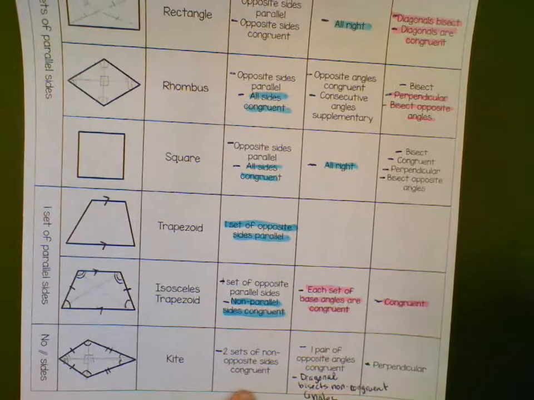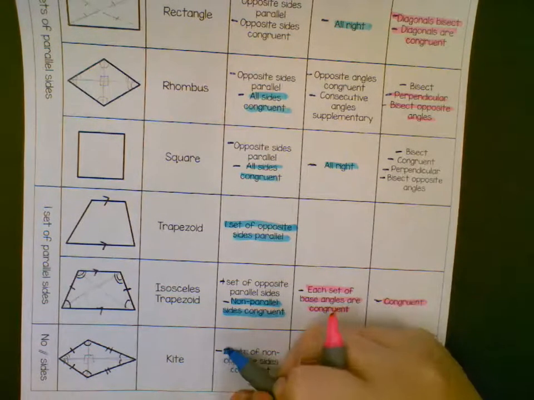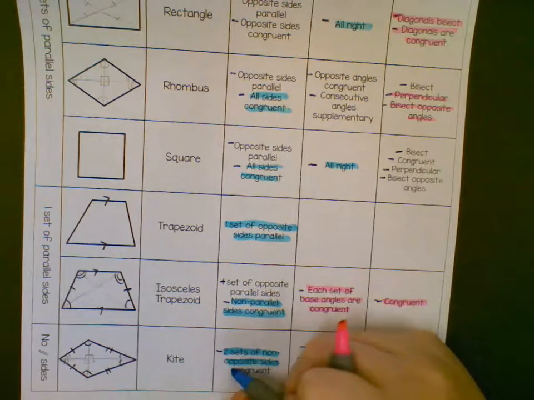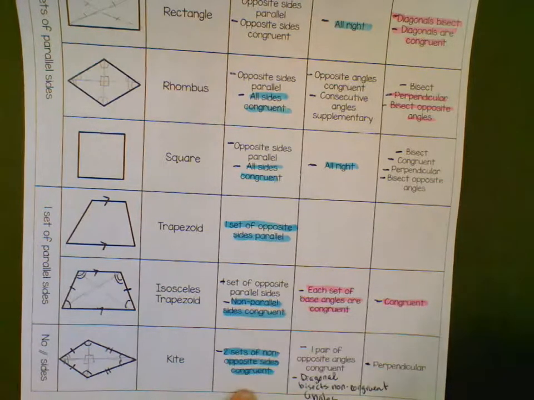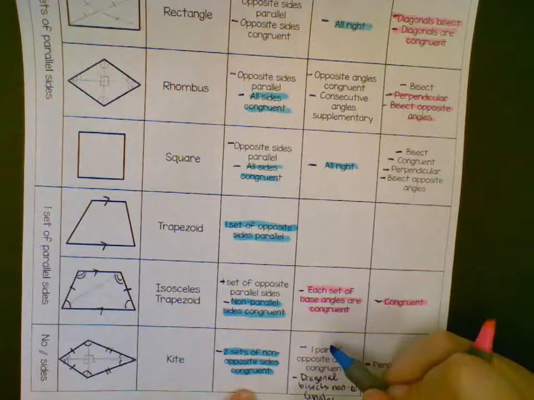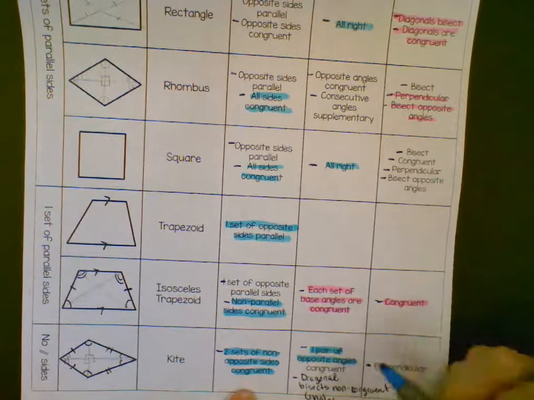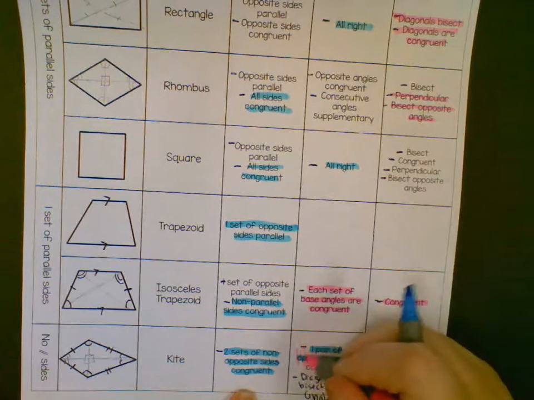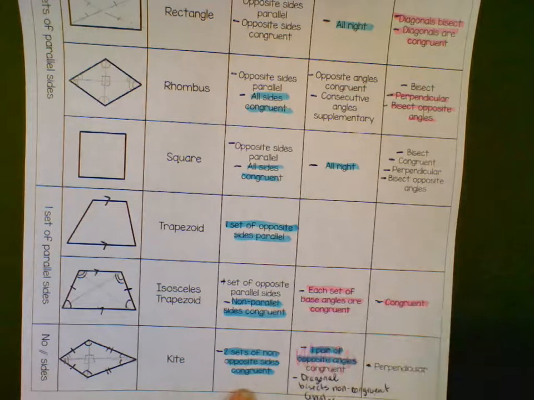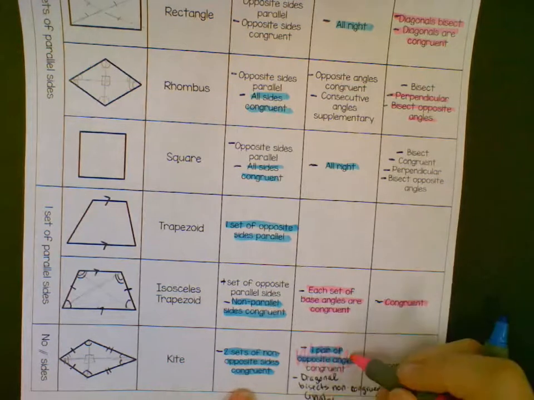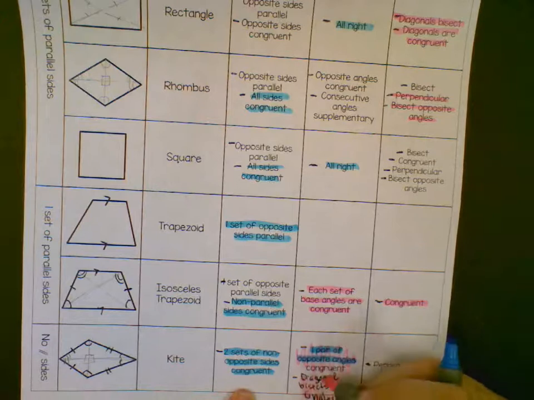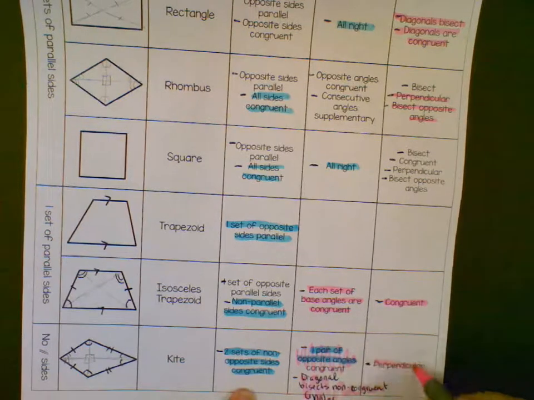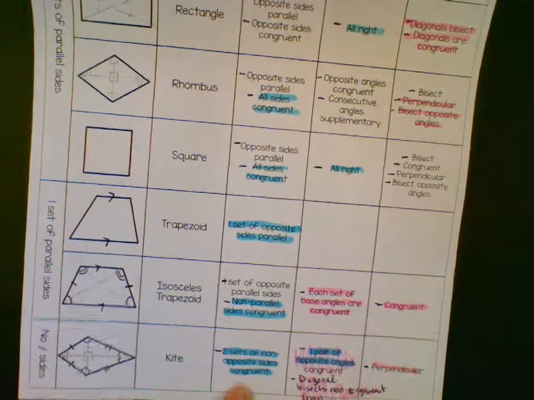So the definition of our kite is that it has two sets of non-opposite sides congruent, or two sets of adjacent sides congruent. And then it has, oh, that should have been pink. Make that pink, not blue. Okay, so that is a theorem. This is a theorem, and those diagonals being perpendicular is a theorem.